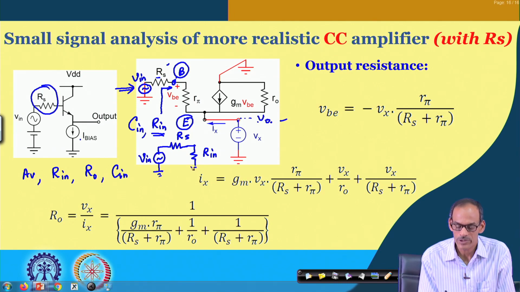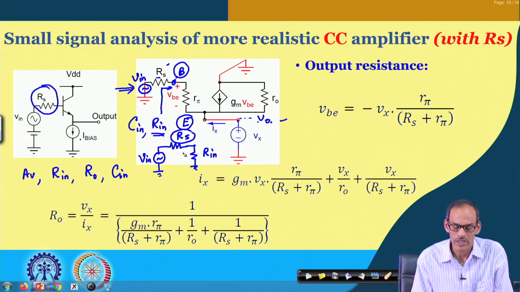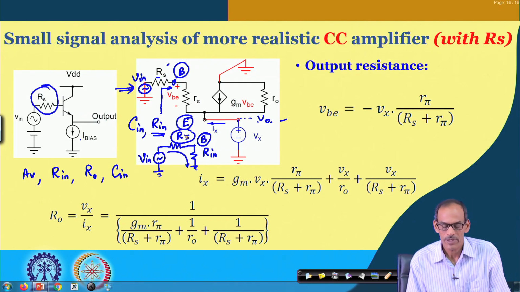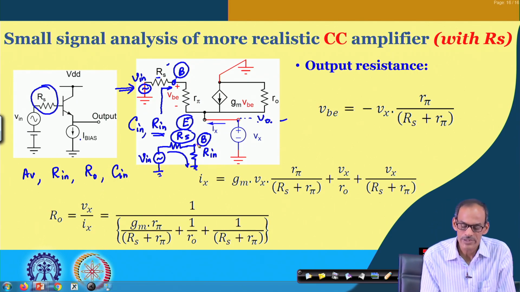Now, to consider the effect of this R s in the voltage gain, we need to consider the potential division happening before the signal arrives at the base terminal. So, what is the additional factor we will be getting in the voltage gain?